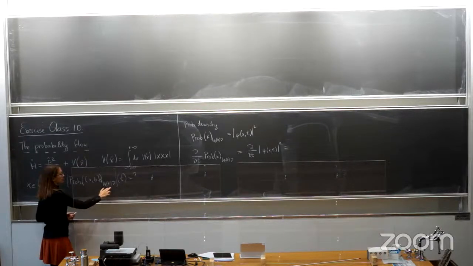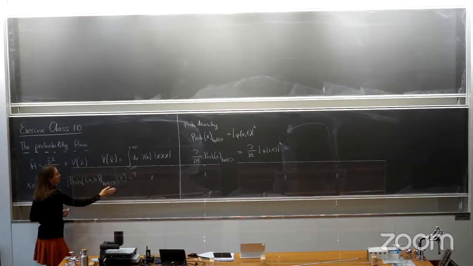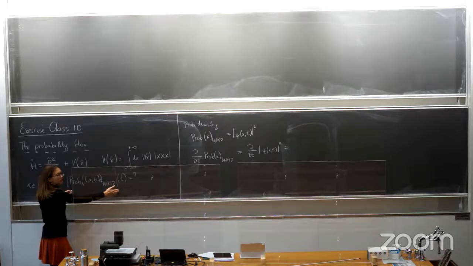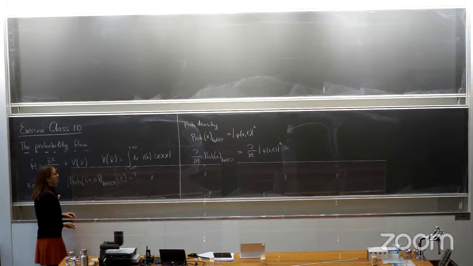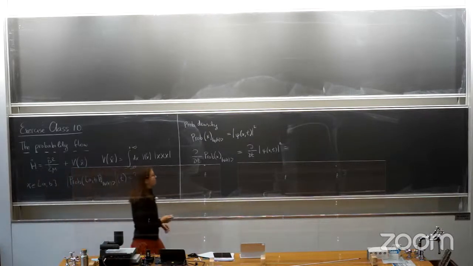So this probability depends on t. Yes, but this is just my notation. I can also drop this as long as you understand that this is an object which depends on time. It's fine. I'm putting this t here to emphasize the fact that, for example, we can take the derivative of this probability with respect to time, which we're going to do a bit later. Okay.